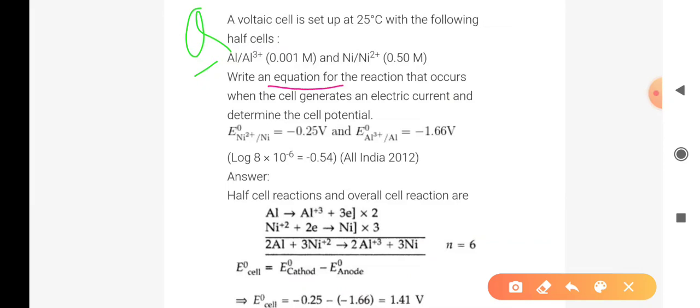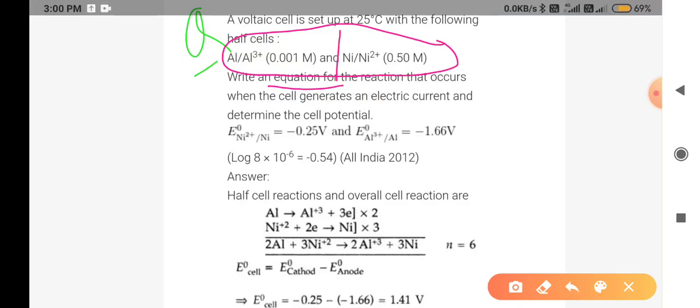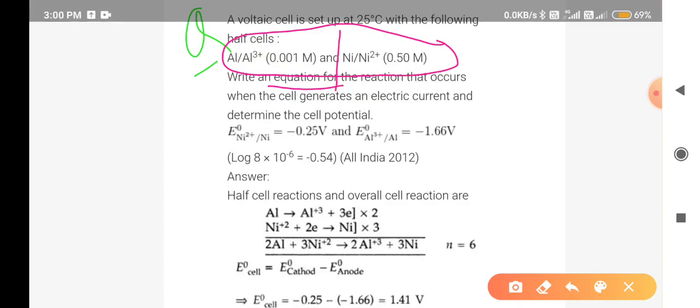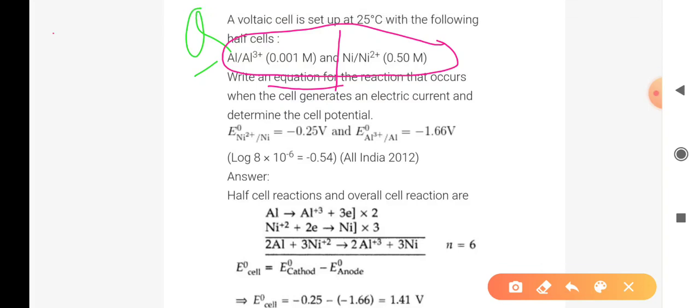For writing the cell equation, you have to see the information given to you. Whatever is written on the left hand side in this representation will always be the anode, and at the anode oxidation takes place.